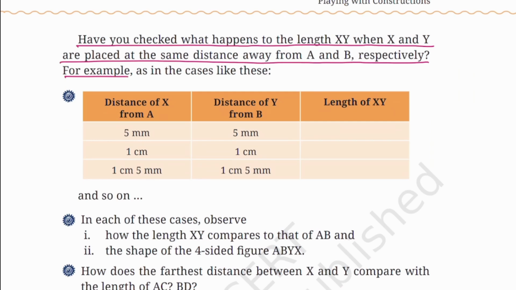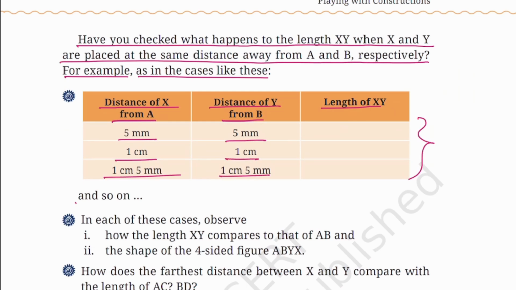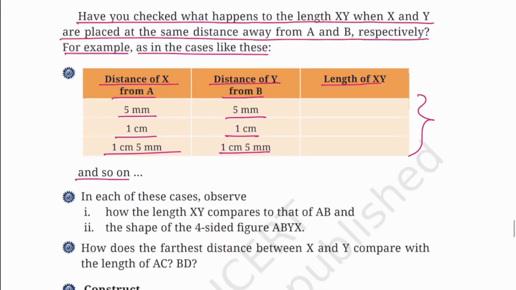For example, as in cases like these: distance of X from A, distance of Y from B, length of XY. You can fill the following table. Kindly try doing it, and so on.